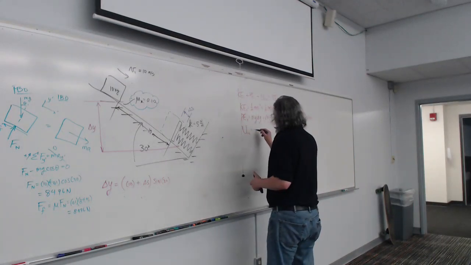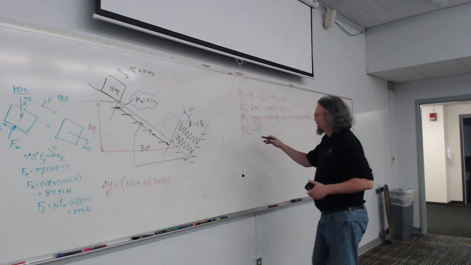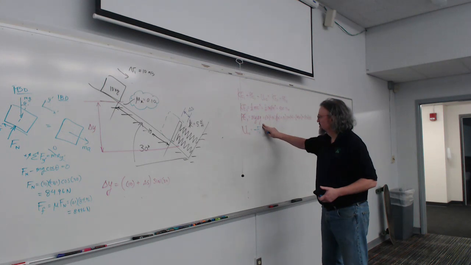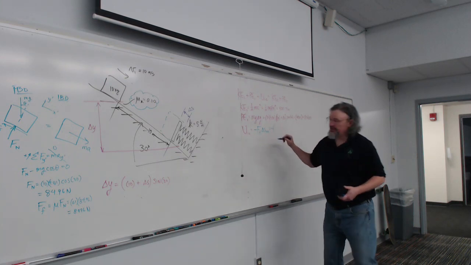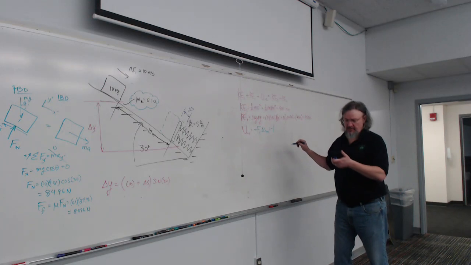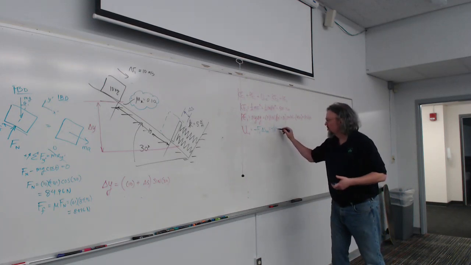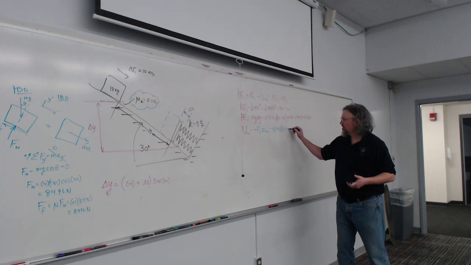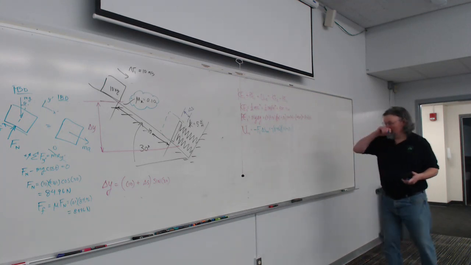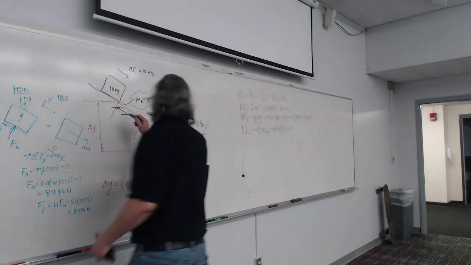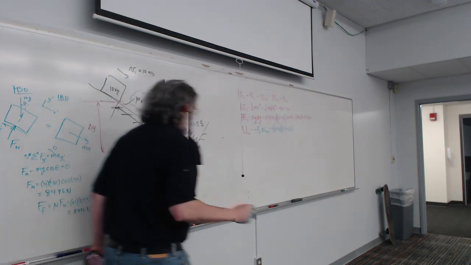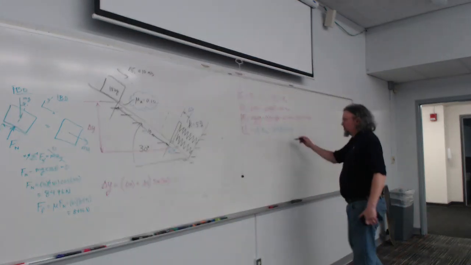So we have negative friction force times the total distance that the thing moves, which is once again going to be delta S total, which is negative 8.496 times 10 plus delta S, because it's going to move the entire 10, but then it's going to hit this box and keep on moving this extra little bit, that extra delta S. So I said this is delta S total, because it's both of those things.